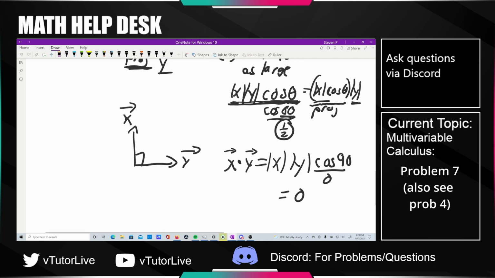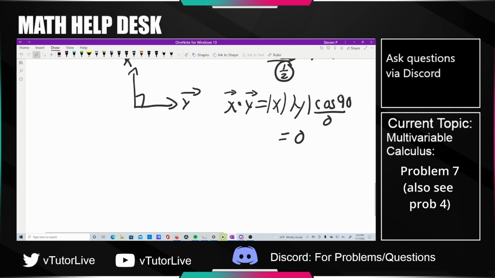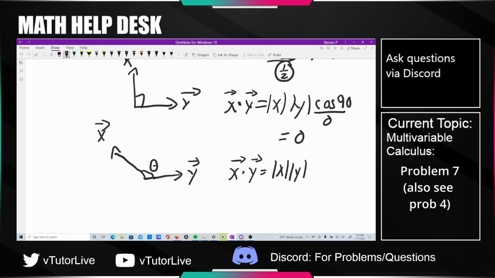To do the last two cases: if it's pointing like this, it's greater than 90 degrees but less than 180. At this point, they're more different than they are alike. And x dot y is equal to x, y, cosine of, I'm going to call this 120 degrees, theta is equal to 120.